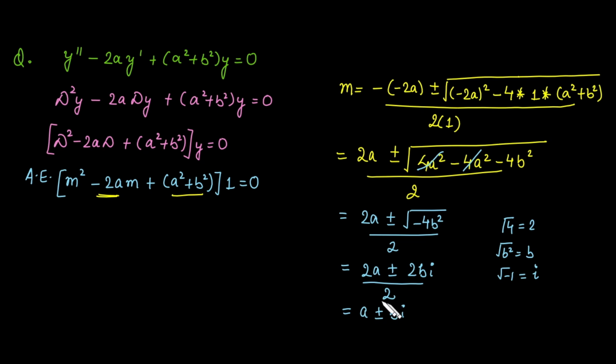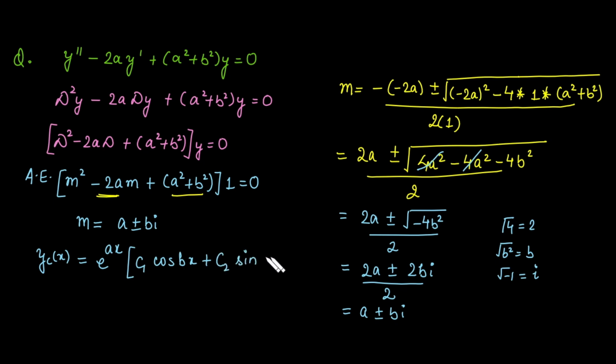Whenever we have complex roots, in this case the complex roots are a plus minus b iota. The final solution in this case is e raised to power real part a multiplied by x, first constant c1 cos of imaginary part, that is b, into x plus c2 sine of imaginary part, that is b, into x.